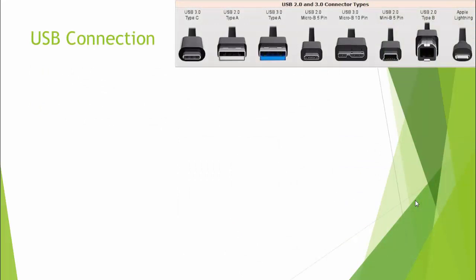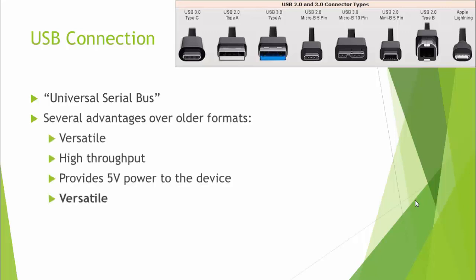Here are a whole group of USB connectors, ironically called Universal Serial Bus, and then there's so many different flavors that they're far from universal. However, they have advantages over those older formats we saw in the last slide. They're versatile. They're high throughput.